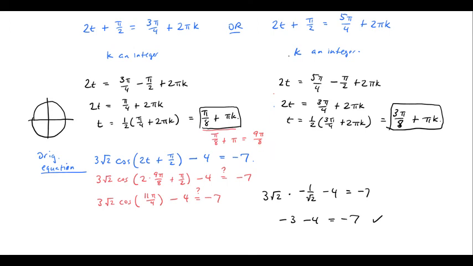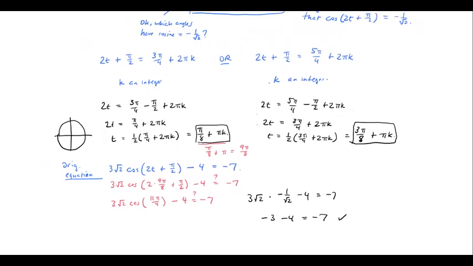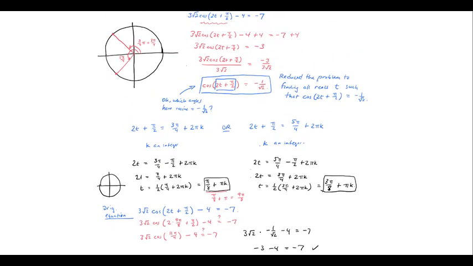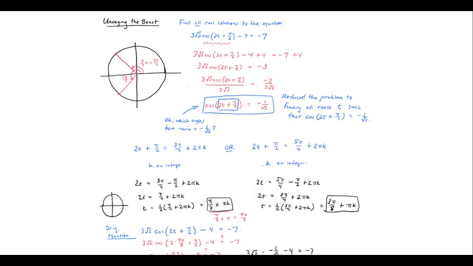That's a good thing to do every time you work with one of these, is actually verify that your solutions do what they're supposed to do, and that is make this equation a true numerical statement. All right, so anyway, that's the process for solving one of these. Try and isolate that one trig function, and then do the work necessary to figure out what the possible values of that angle are, and then solve the resulting equations.